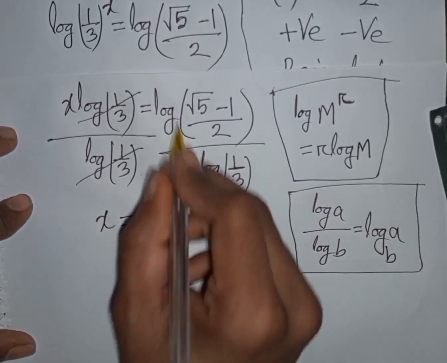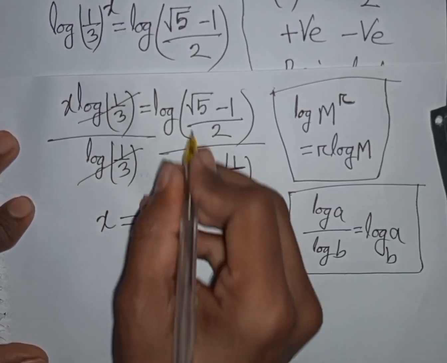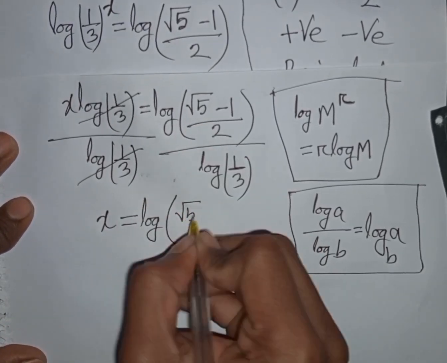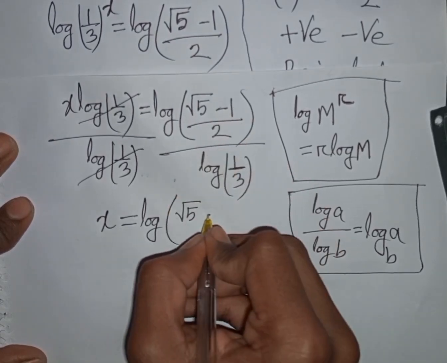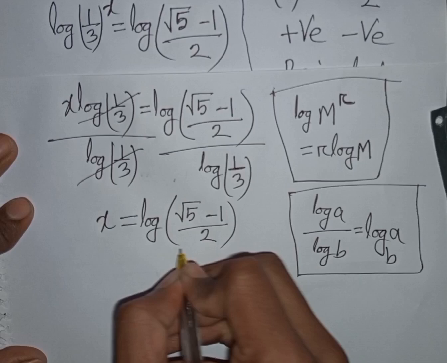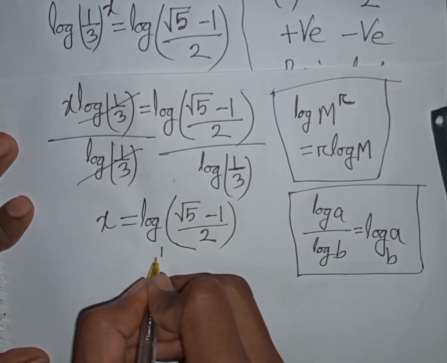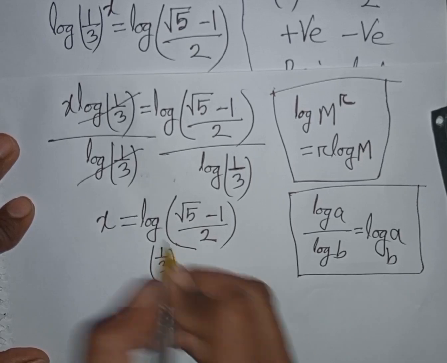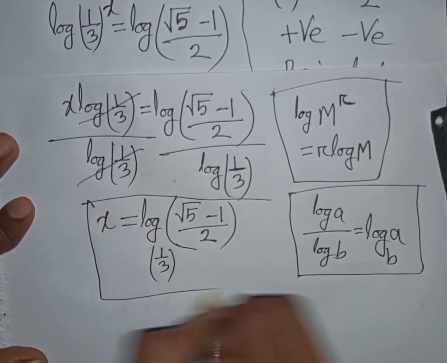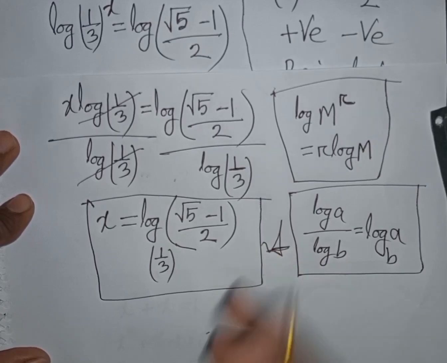So according to this formula, it will be log of square root of 5 minus 1 over 2, then base of 1 by 3. So this is the value of x. So this is our final answer.